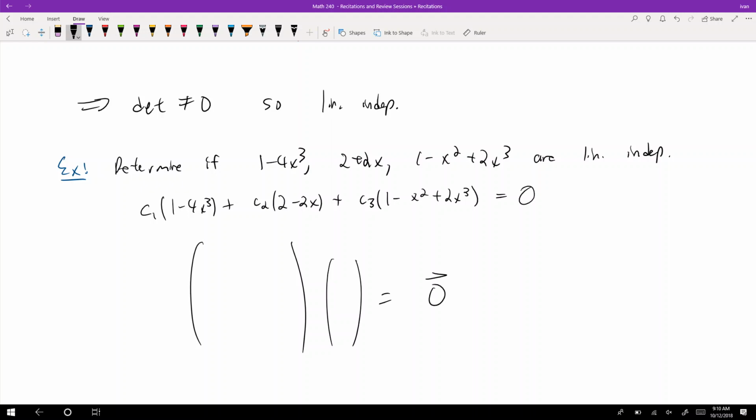We have some matrix, we multiply it by some vector of unknowns, and we get the 0 vector. Okay, so what goes in that skinny column vector of unknowns? What are we trying to find? Yeah, the C's. So C1, C2, C3 go here.